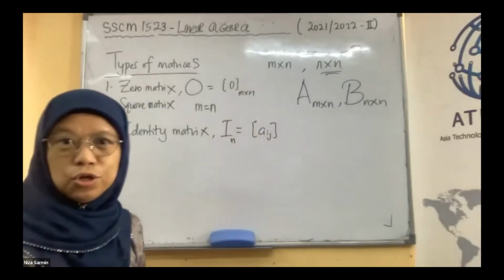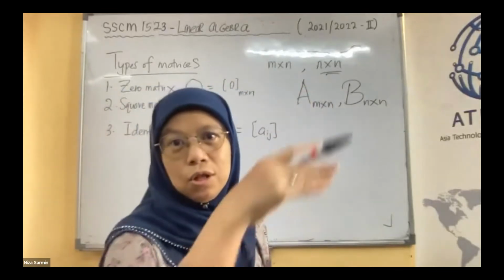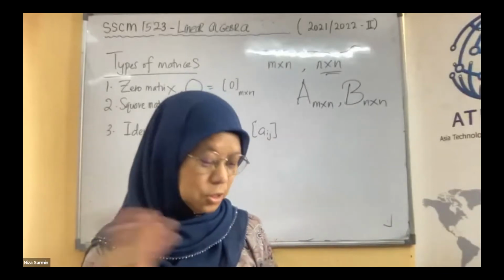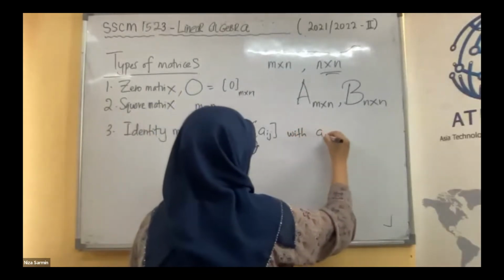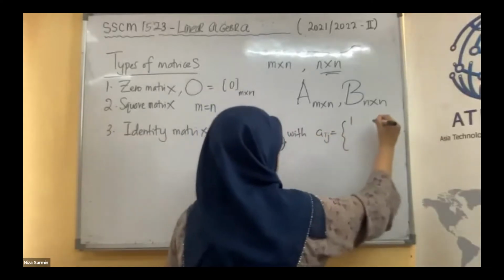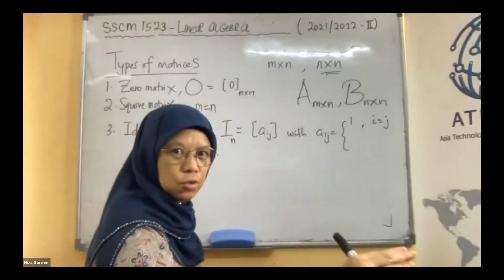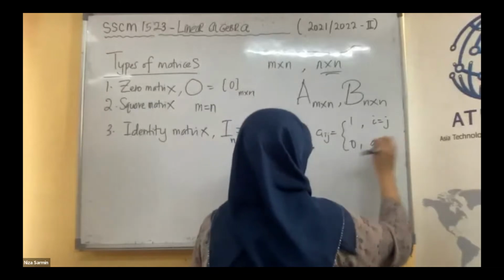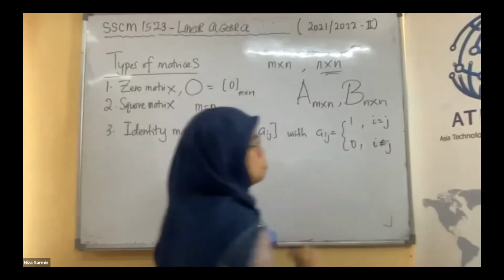But you know the identity matrix is square, and you remember that the diagonal entries are all 1, the rest are all 0. So this is how you write it: the entry is equal to 1 when i is j. Remember a11, a22, a33, that is the diagonal. And if i is not j, it's equal to 0.